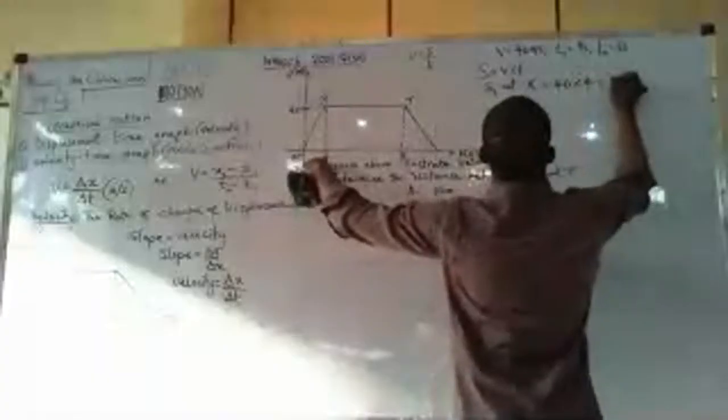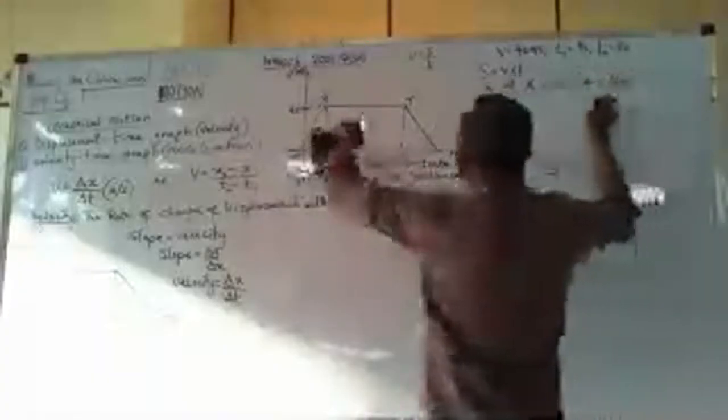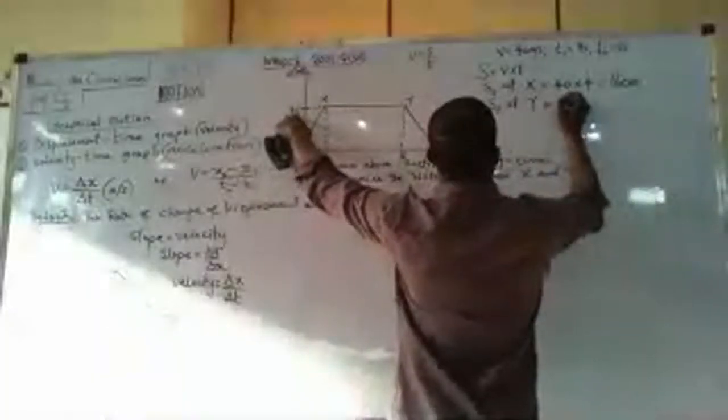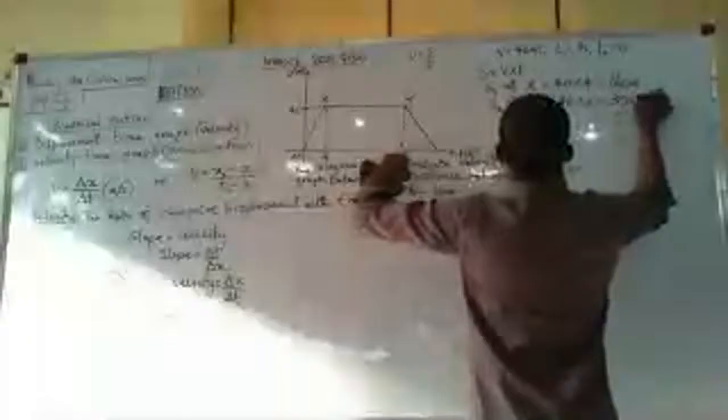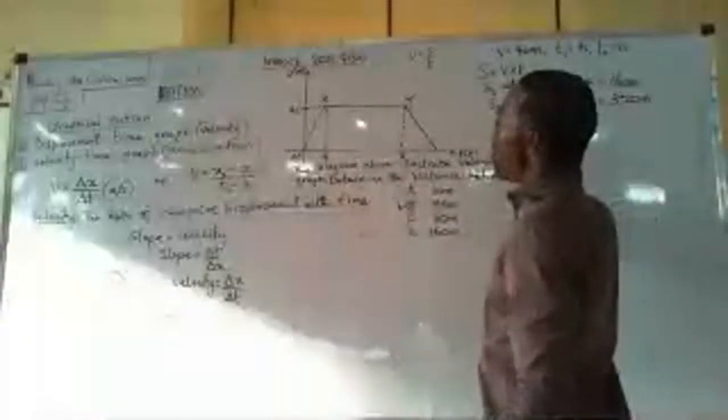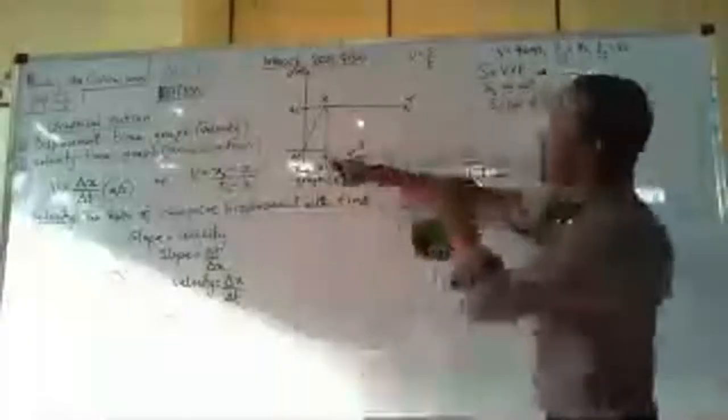That's 160 meters. For S2 at point Y, it's going to be this speed 40 times the second time 8. That's 320.